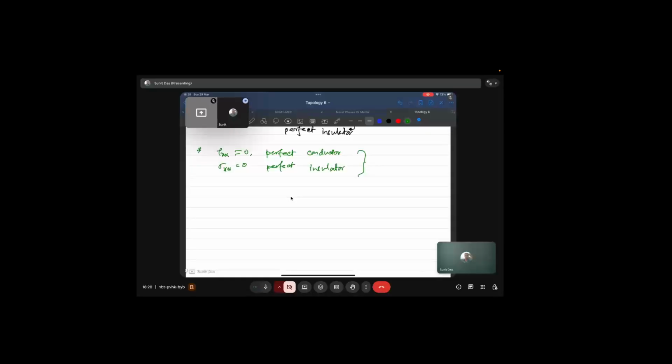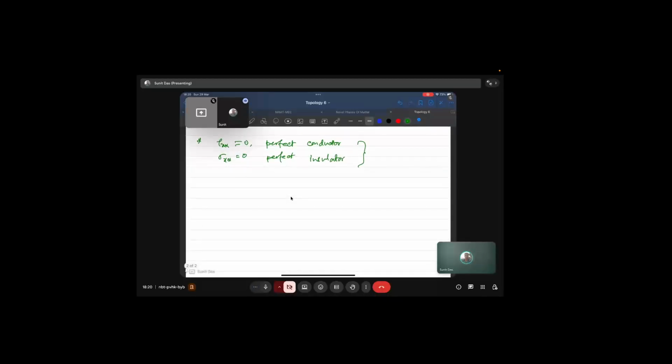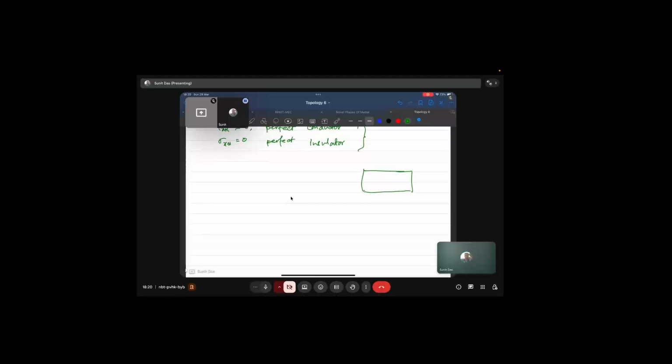Okay. So what is really the point is sigma xx equal to 0. This tells us that no current is flowing along the longitudinal direction. So you have, I mean, a four probe geometry, let's say. You have a sample like this, and then you have a contact here, here.